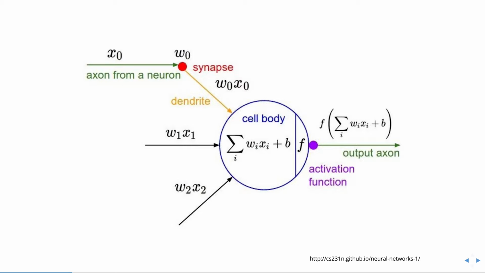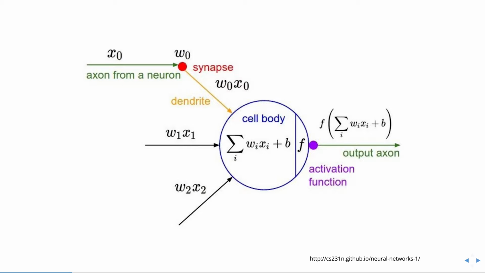So you can see here these arrows are our dendrites from the previous image, and every input is labeled x0, x1, and x2. The x's are the inputs that come from other cells.